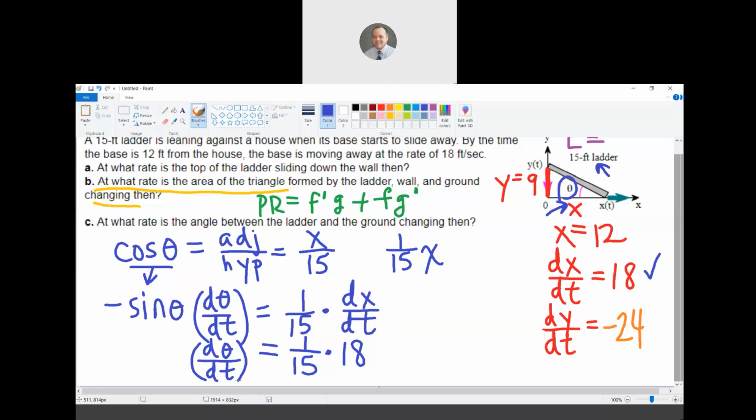You can use your right triangle. Sine theta is opposite side over your hypotenuse. So our sine theta is actually 9 over 15. So replace sine theta with 9 over 15.